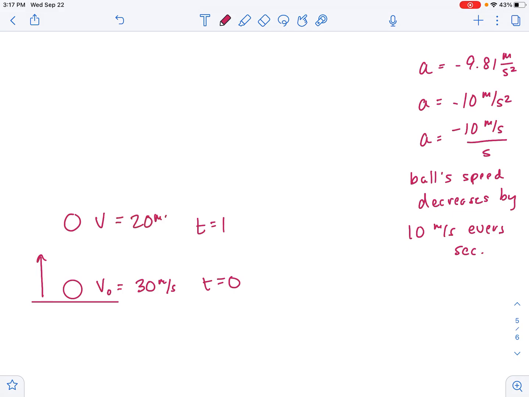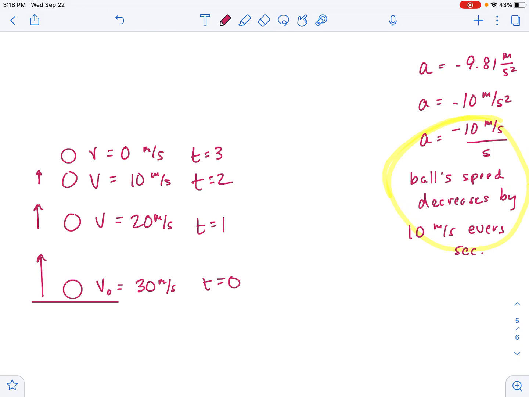So 1 second later, the ball would be going 20 meters per second because the ball's speed decreases by 10 meters per second every second. Another second later, the velocity is 10 meters per second. And approximately 3 seconds later, the velocity of the ball is 0.